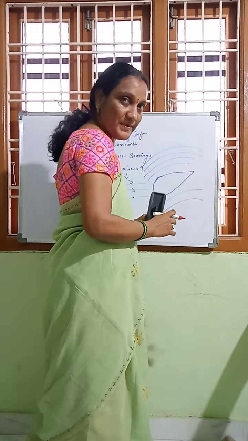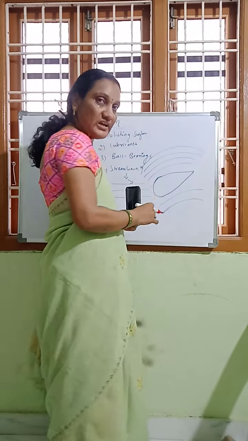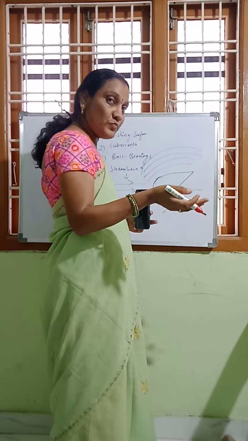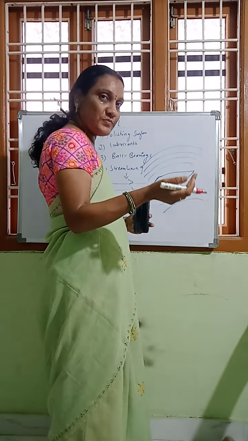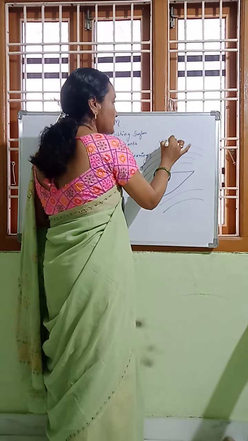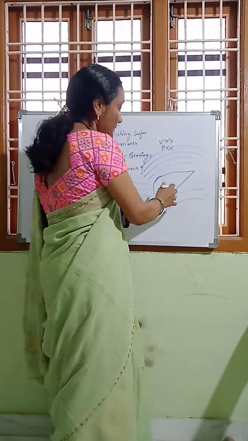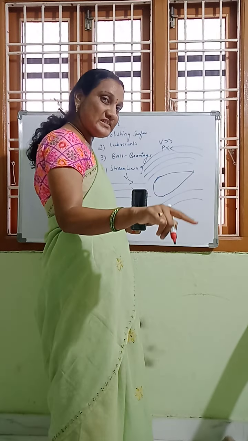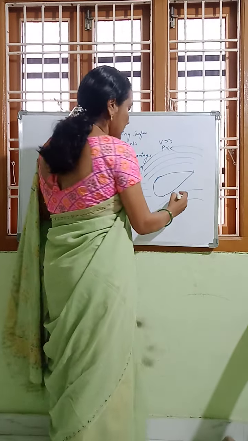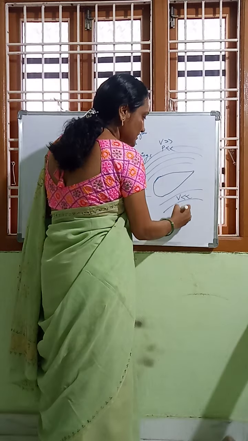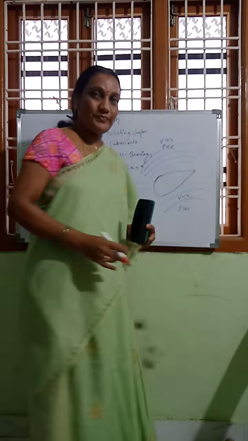So here what happens? Above the wing, streamlining is more, meaning air is more and velocity is more, so pressure will be less. Below, streamlining is less, meaning air is less and velocity of air will be less, so pressure will be more.